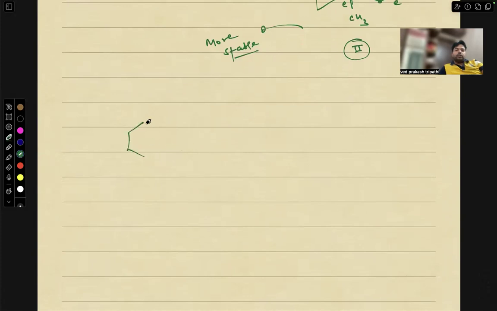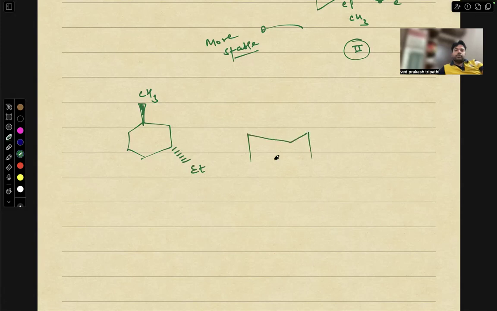Suppose we have this one. Suppose this is methyl, this is ethyl. So we can draw the chair form first. Methyl, suppose my 1 and this is 3.